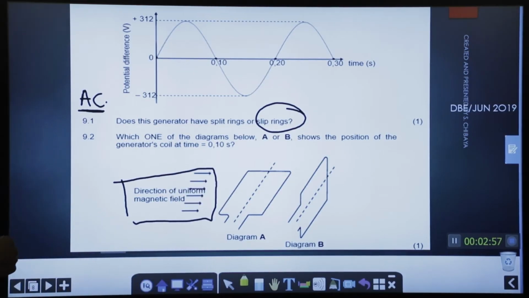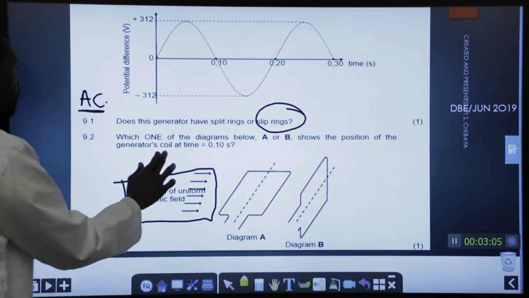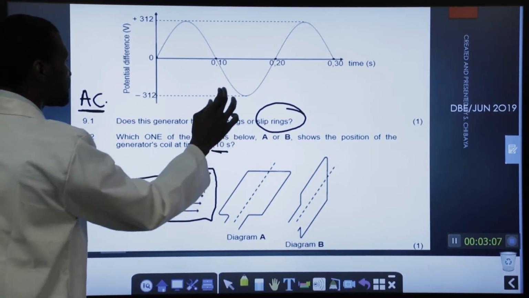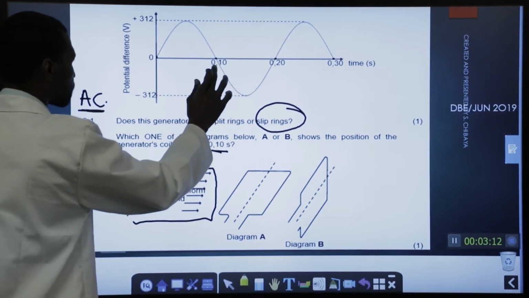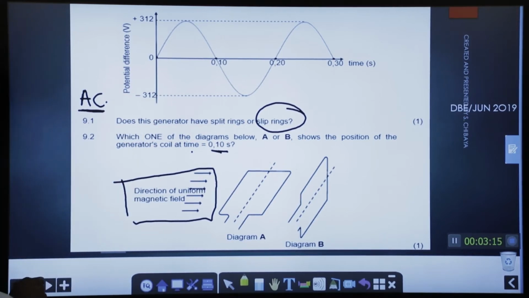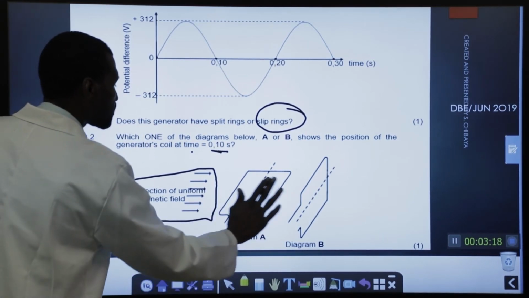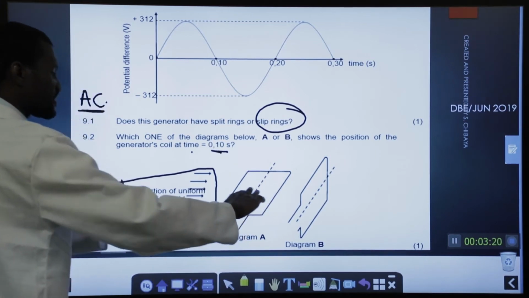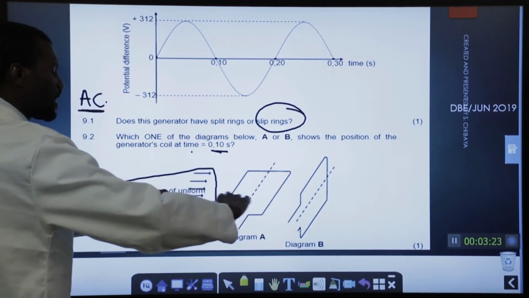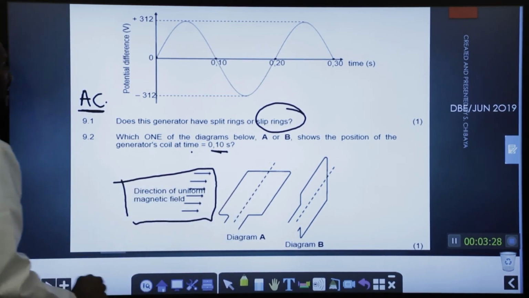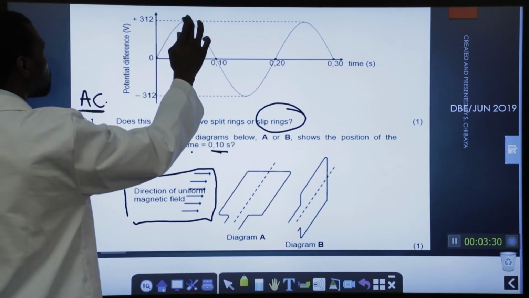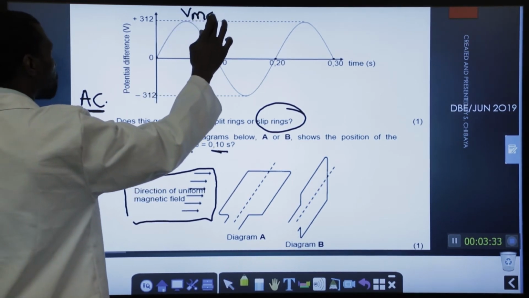All right? Which one of the diagrams below, A or B, shows the position of the generator's coil at time t equal to 0.1 seconds, which is right here. Potential difference is 0. When it's in the horizontal, when it's in the same direction or parallel to the magnetic flux, we have got the highest amount of, in other words, what we call V max.